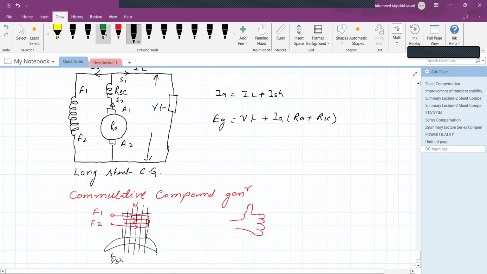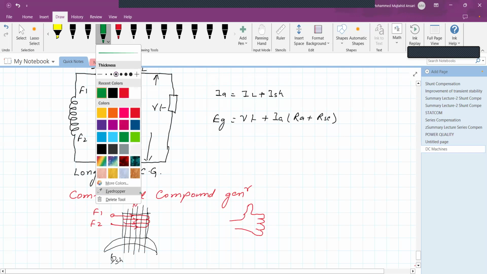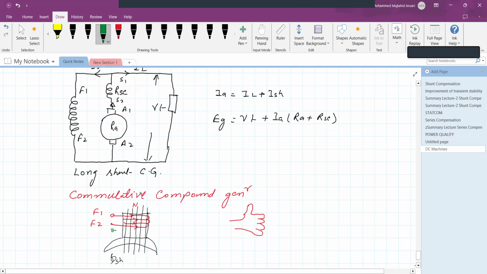Now we will do the second winding in such a way that the current in the series field winding is also the same, but there are fewer turns. So this is also the same. What is the flux? The flux created by the series field winding is also in the same direction, phi SE.